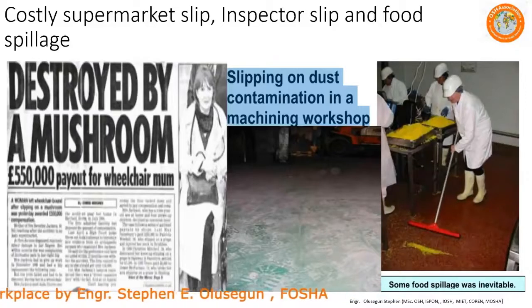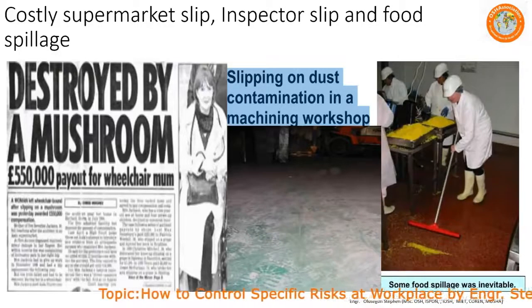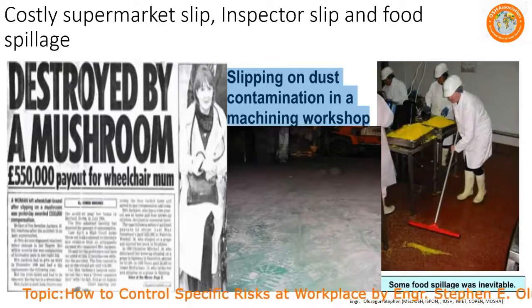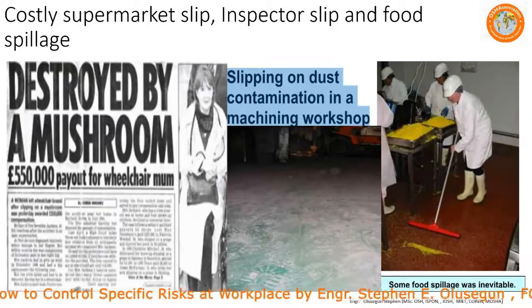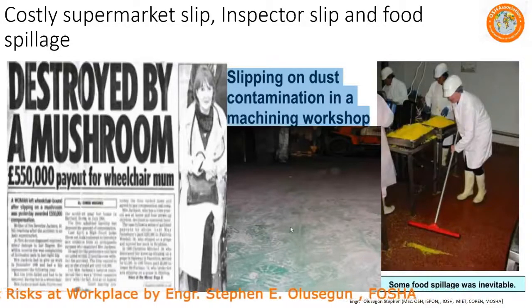And you also see to the right side here, this is a food factory, and that's a food spillage. That's where you see product mixed with some wet material. You see they become very slippery. So the food spillage was inevitable. And so when you are dealing with slips, you take care of all these things. You assess all this before, otherwise you might not be able to control slips very well.